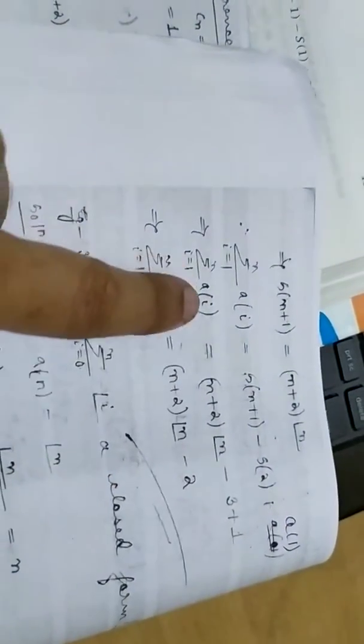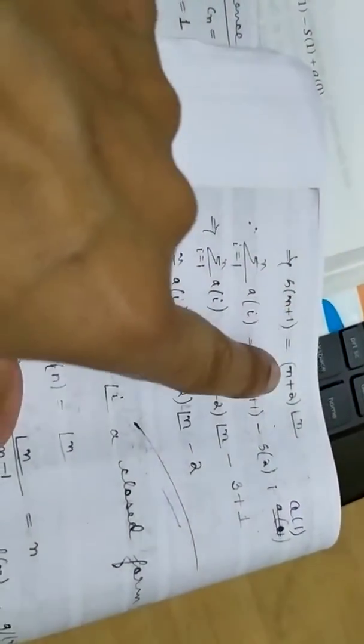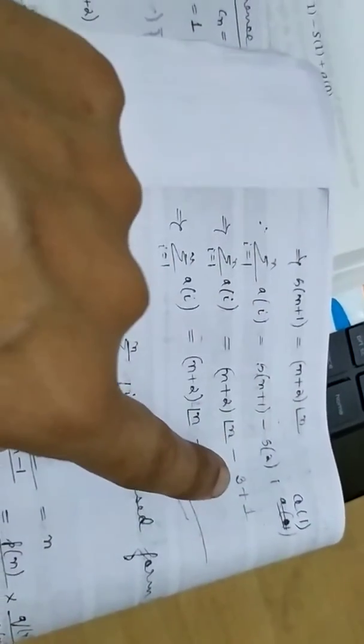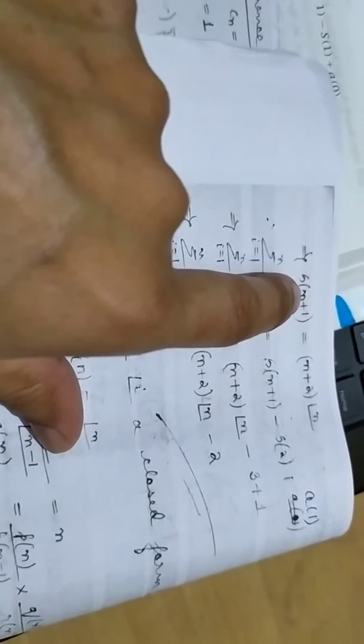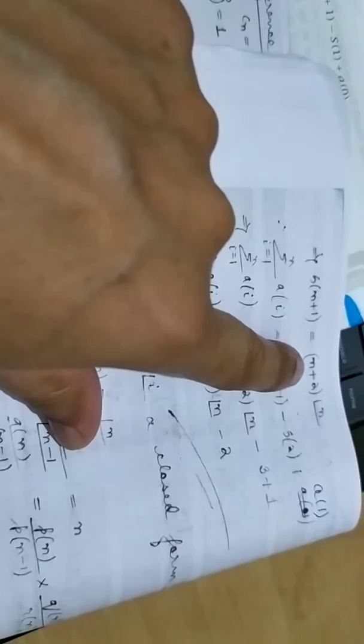Now if I find out the definite sum, here you observe that I am starting from 1, not from 0. So 1 to n, this is ai, this will be Sn plus 1, and this is actually S2, in our previous case S1 plus A1. Okay, so this is Sn plus 1, S2 is equal to 3. Just put n is equal to 1, you can find out S2. S2 will be 3, n is equal to 1, put this, 3 into 1, 3.